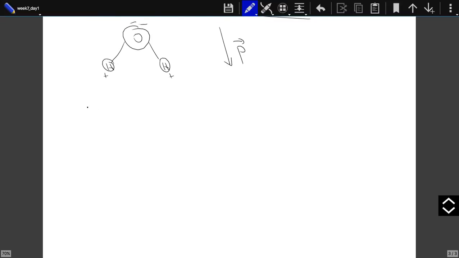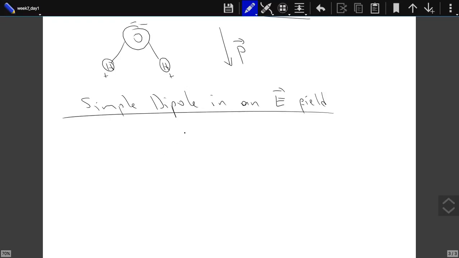So let's just assume a simple dipole. We have this plus Q charge over here, the minus Q charge over here. Let's say they are at positions R plus and R minus. Well, they are connected.